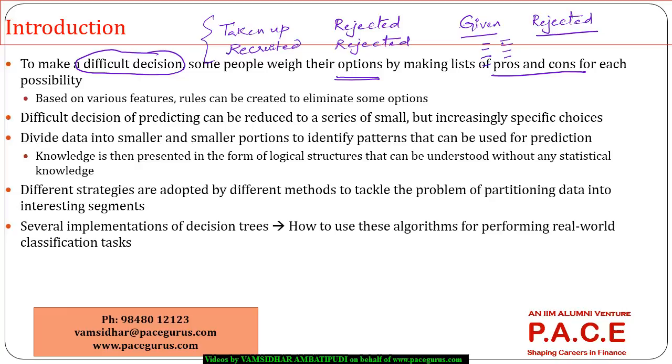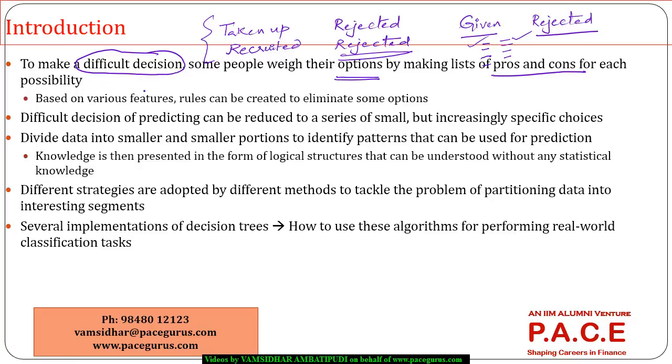Why should I not give a loan to this person? So I make a list of pros and cons for each possibility. If I am rejecting a particular person, why should I reject him? Why should I not reject him? So I have a list of pros and cons for each of the possibilities, and based on that, sometimes I take a decision.